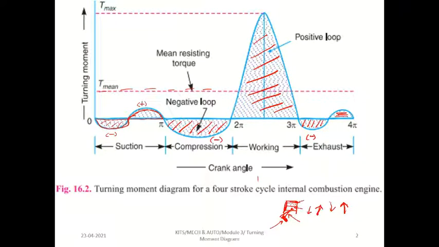This is the amount of energy stored apart from the energy used during these four strokes. This is the extra energy stored in the flywheel. So this is the maximum turning moment or torque.